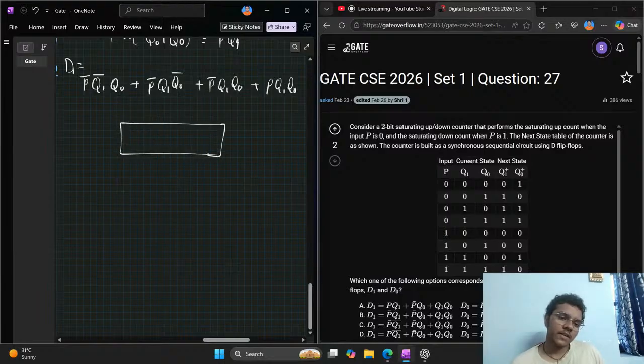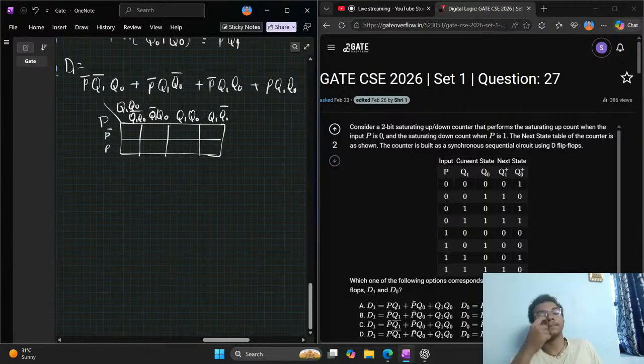So you can draw something like this actually. Yeah, we got P, Q1 and Q naught, P dash and P, Q1 Q naught dash, Q1 dash Q naught, Q1 Q naught. That's it, right? 0, 1, 2, 3, 4, 5, 6, and 7.